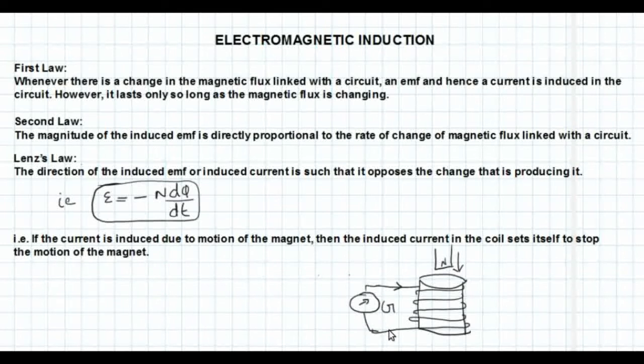And because of EMF, the electromotive force, or the motive force for the motion of the electrons, there is a current. So this EMF produces a current, and we know this coil will act as a bar magnet. From the previous chapter we have seen that a current carrying coil will act as a bar magnet.